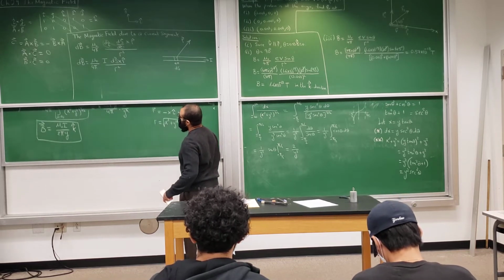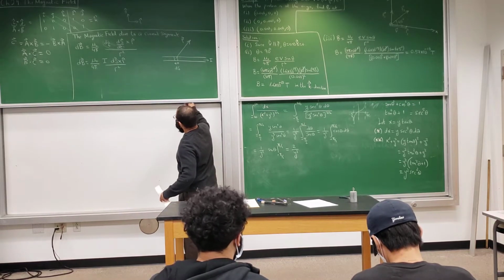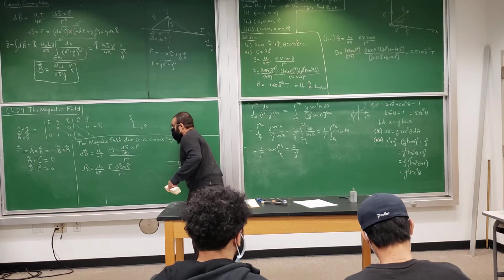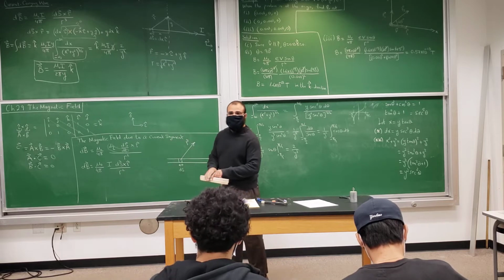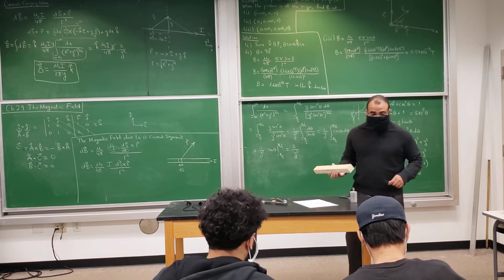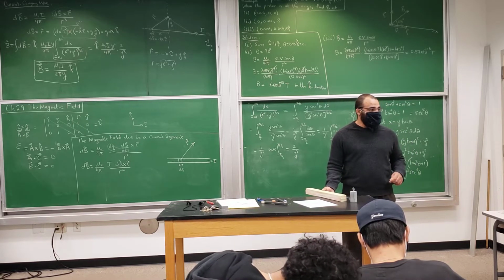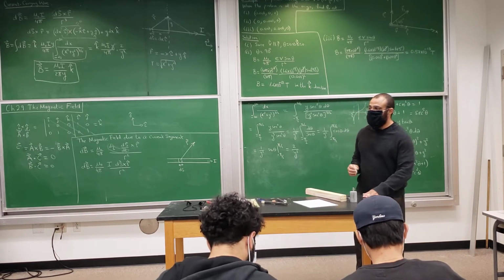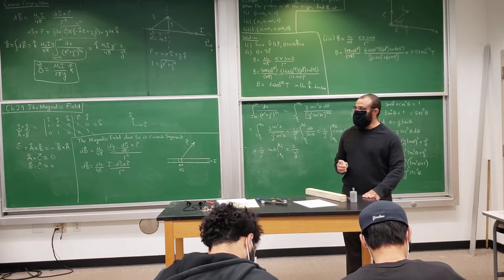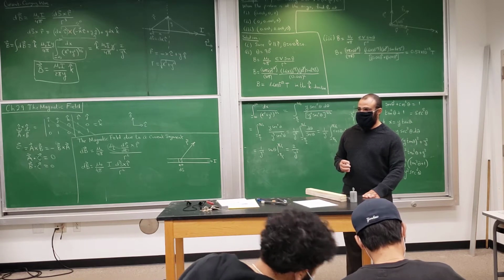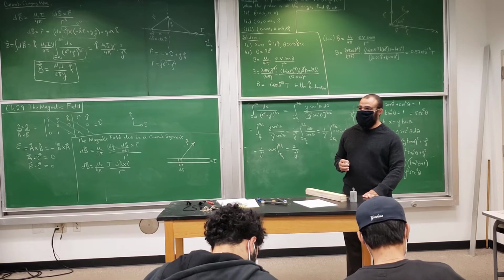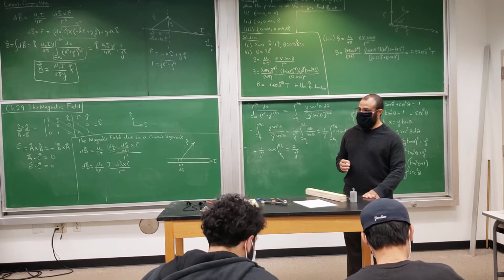So we're going to do an example where we just plug in some numbers. We're going to consider a wire of some current, and we want to be a distance away from it and see what the magnetic field is.